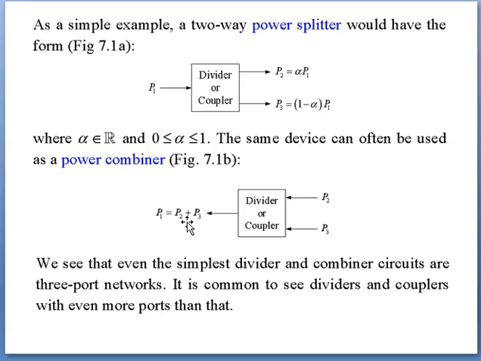Here it is also a three-port because you have P1, P2 and P3. So we can see that even the simplest divider and combiner circuits are three-port networks. It is common to see dividers and couplers that have more ports than that. So it should be three ports or more.